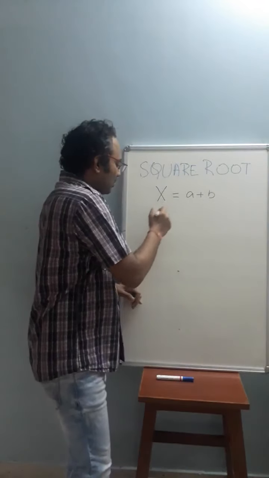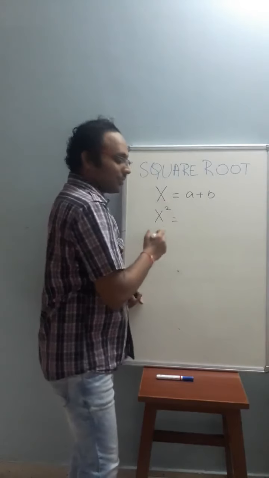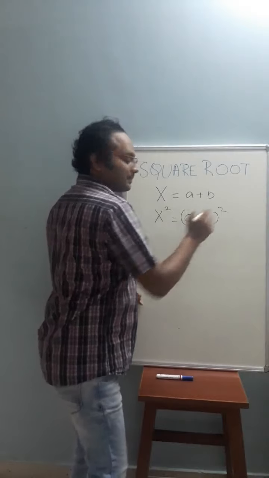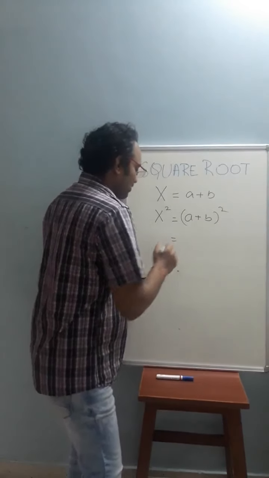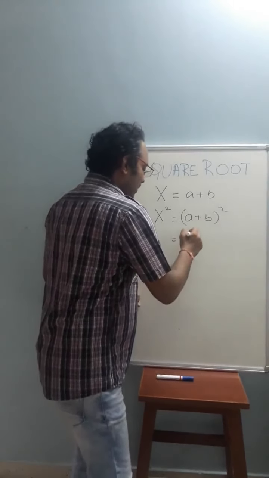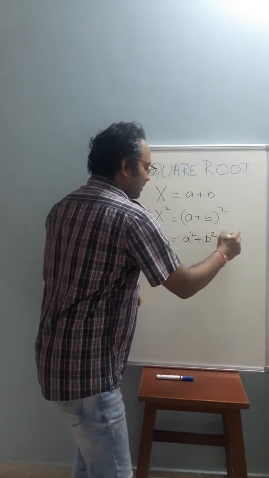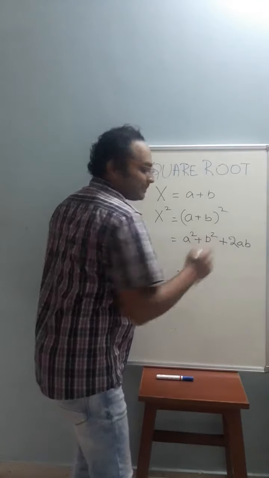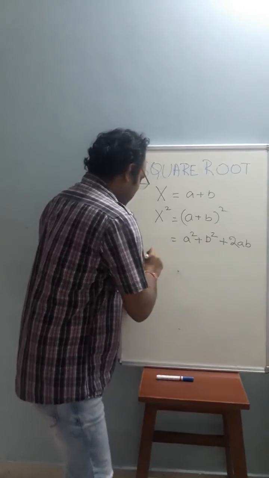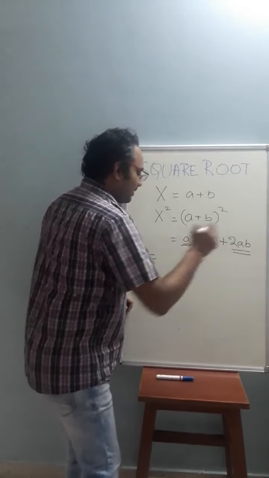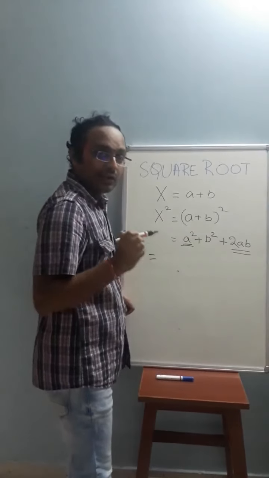So x square is equal to a plus b the whole square. This is equal to a square plus b square plus 2ab. This is equal to, I will group a square plus 2ab and I will take a common.